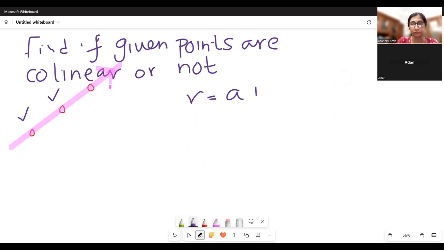Okay. So the question is, determine whether each of the following sets of points are collinear or not.